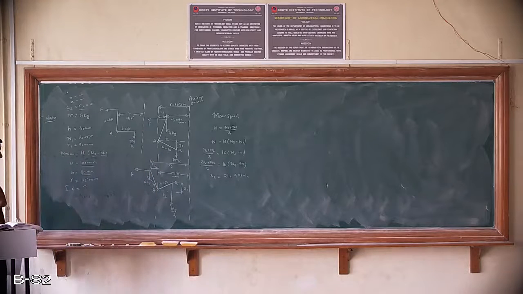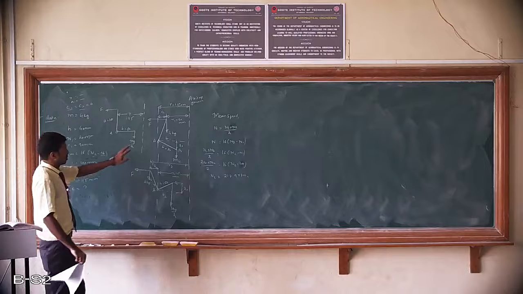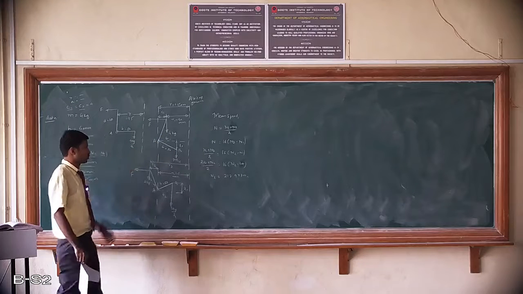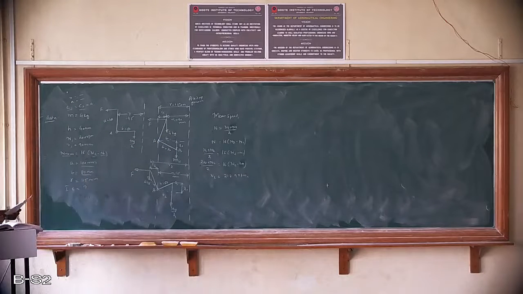So you have calculated the values of N1 and N2. Now I need to find out the value of C1 and C2, because the values of C1 and C2 are not given in the problem statement. The value of R1 is given, the value of R is given, and the value of R2 is also not given.